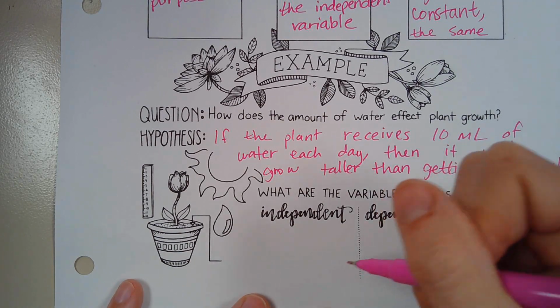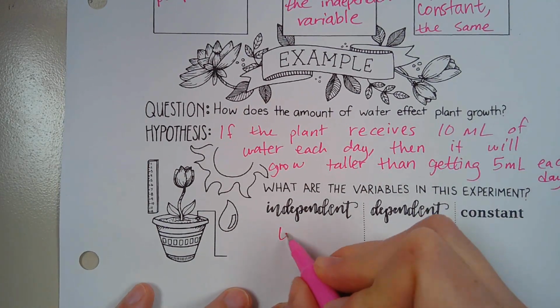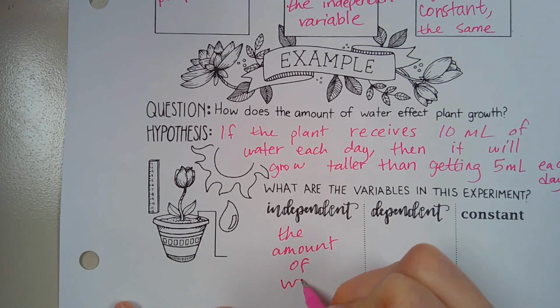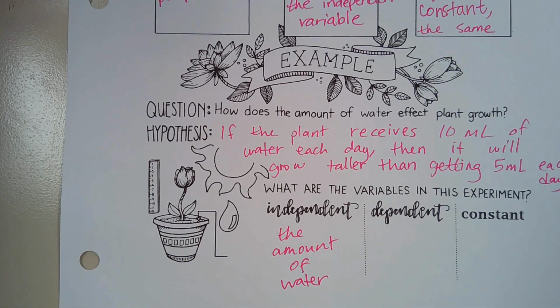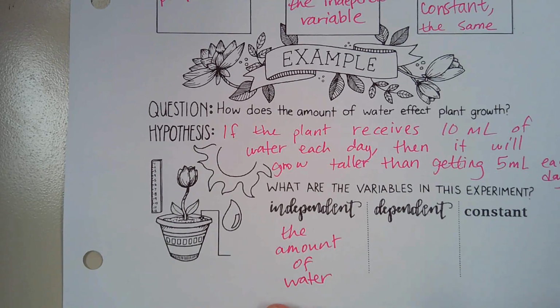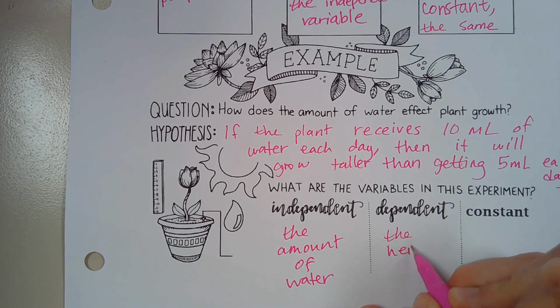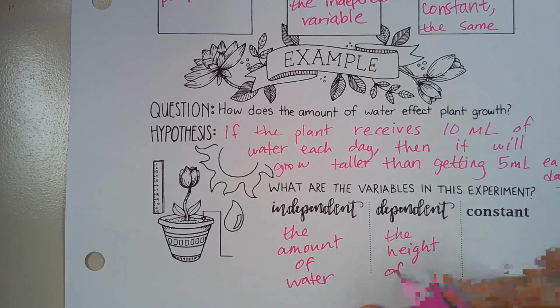Okay, so the independent variable is the amount of water. How much water the plant is getting. That is the thing that you are changing in your different groups. The dependent variable would be the height of the plant at the end.